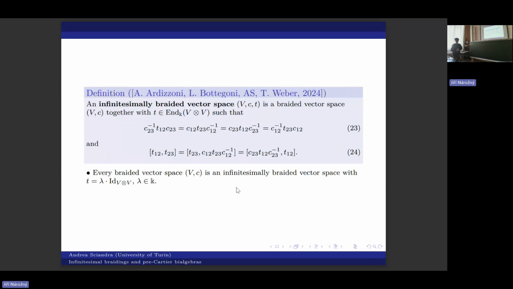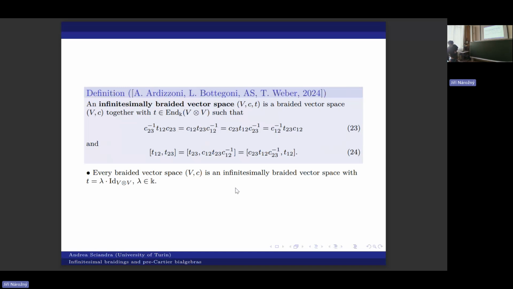An infinitesimal braided vector space is just a braided vector space, V with C, together with a T that satisfies these two conditions, and we will see where these are needed. Just an observation, any braided vector space is infinitesimally braided, considering just the identity with the scalar. So if we start with a braided vector space and we just choose the identity, this is infinitesimally braided.